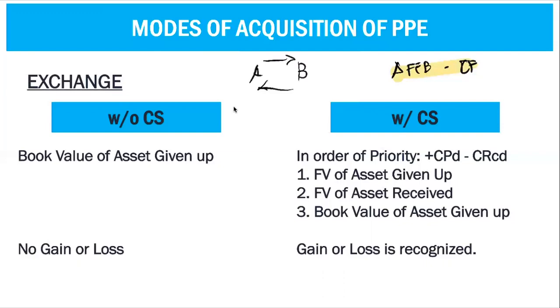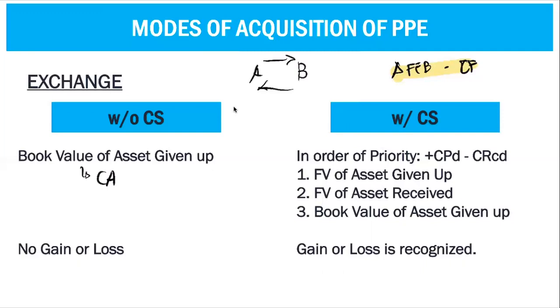So we start first with an exchange of property without commercial substance. Without commercial substance, how do we measure it? To measure it, we use the book value of asset given up. So whatever is the book value of asset given up, that is the amount of our property, plant, and equipment. So this is based on the carrying amount. How about if it is with commercial substance?